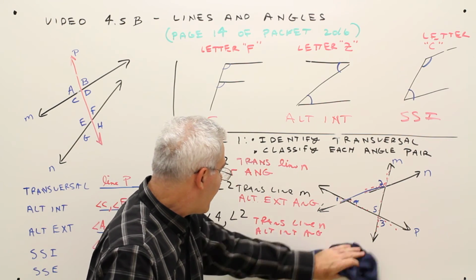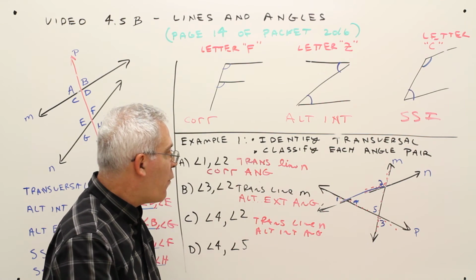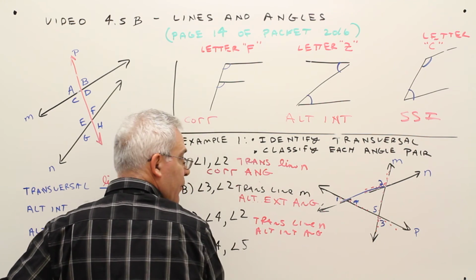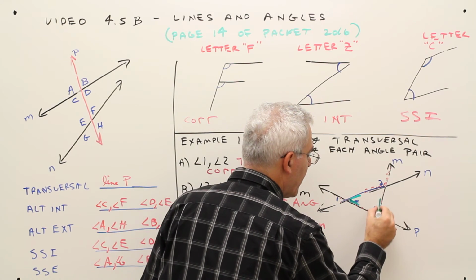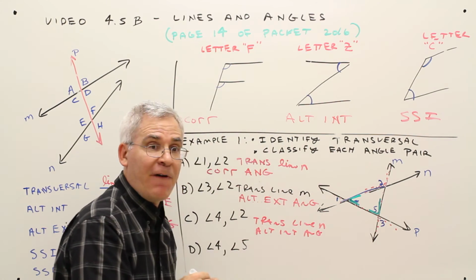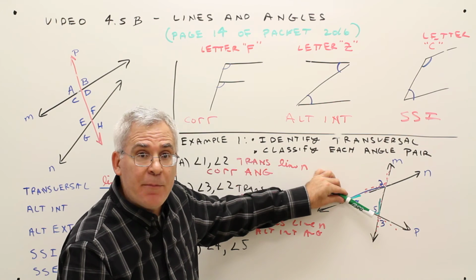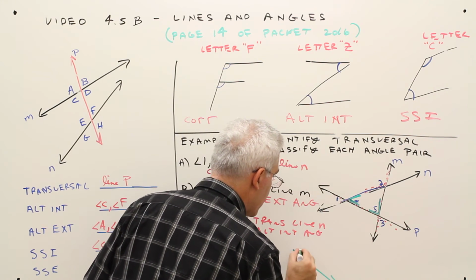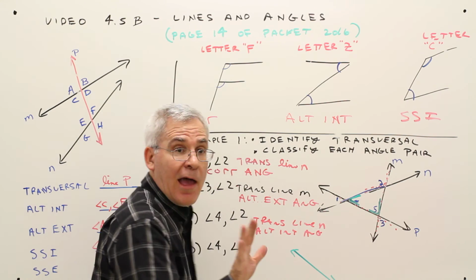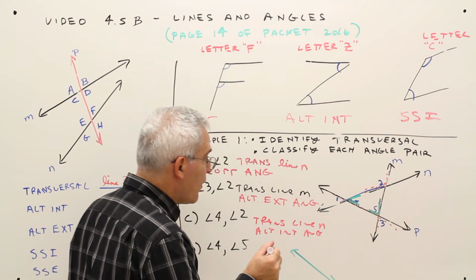Okay, and then the last one, angles 4 and 5. So I'll just do that in green here. So here's angle 4, and here's angle 5. Whatever's in common is the transversal. I'll do that in green. And then the other lines, I won't make them intersect. That confuses some students.